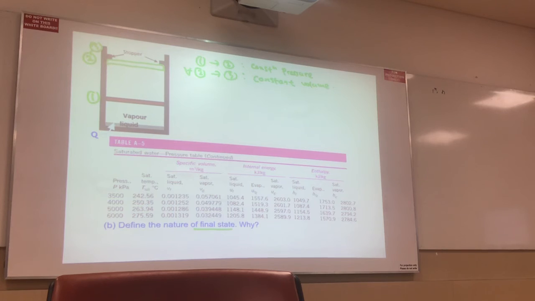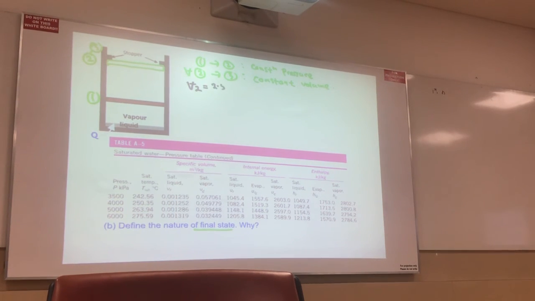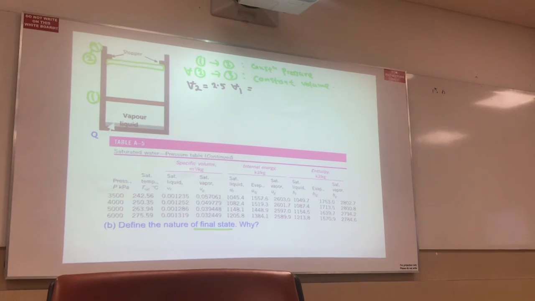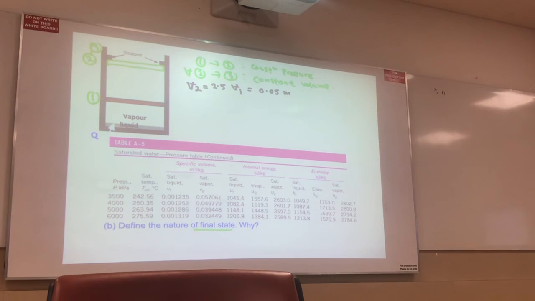So okay, at state 2, what is the specific volume? V2 becomes 2.5 V1, right? So V1 I know, so this one becomes 0.05 meter cube. So what is the specific volume at state 2 and state 3? This is also equivalent to V3.